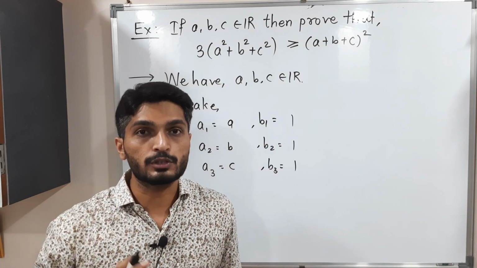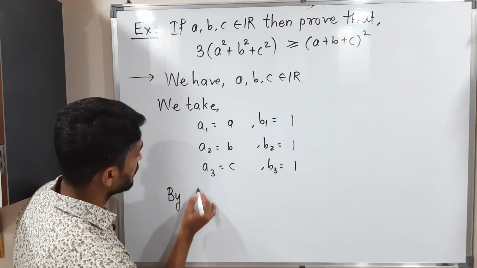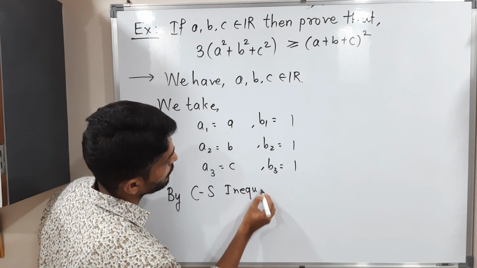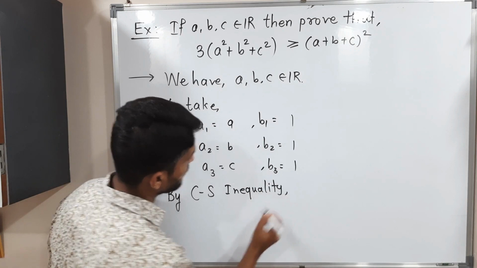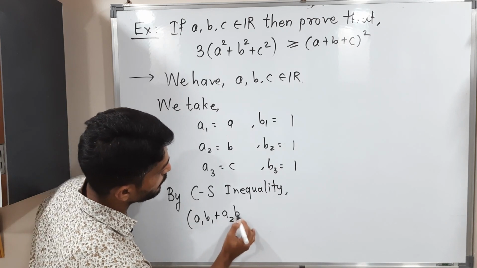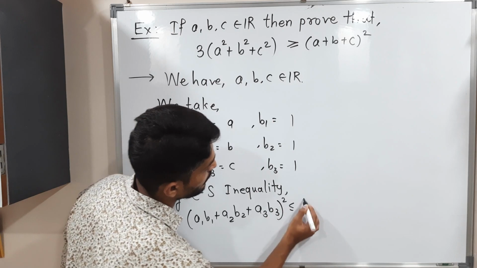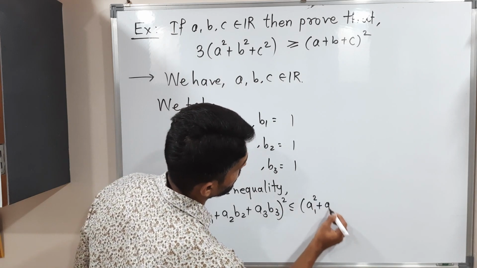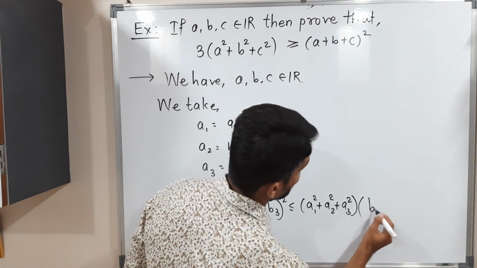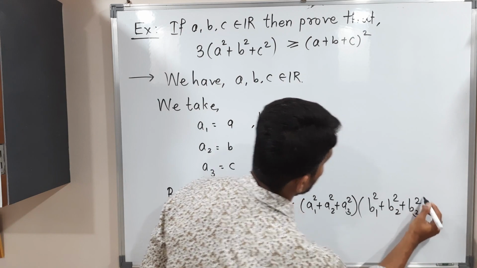Let us apply Cauchy-Schwarz inequality for these 6 real numbers. You remember that the inequality says (A1 B1 plus A2 B2 plus A3 B3) whole square is less than or equal to (A1 square plus A2 square plus A3 square) into (B1 square plus B2 square plus B3 square).